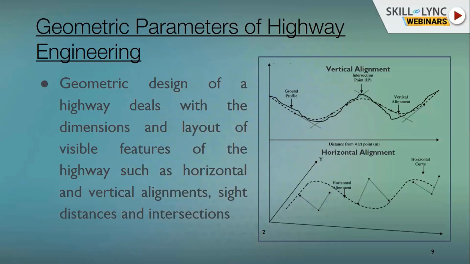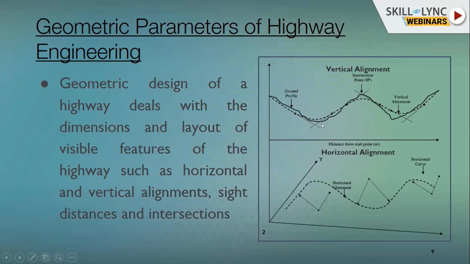Similarly we would do it for the vertical section as well. The vertical section is nothing but the cut section of the horizontal alignment. In this case you are looking at it from the top view, and here we are looking from the side view. That is the difference between those two sections and how we approach them. Here also, depending upon the classification of the road, different grades will be given.